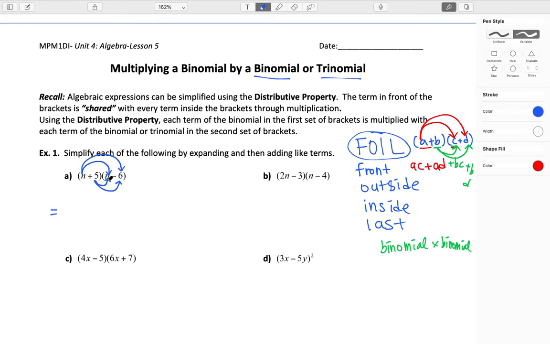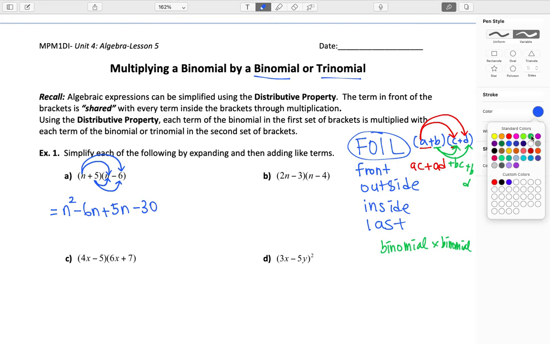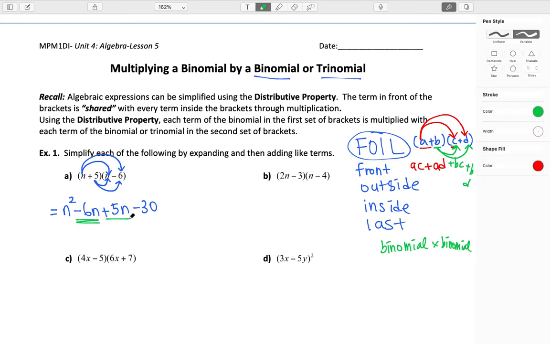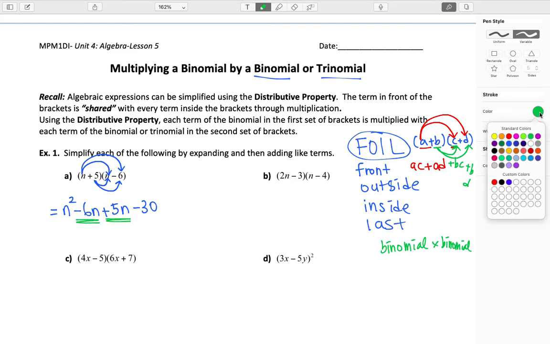So let's start. N times n is n squared. N times negative 6 is negative 6n. 5 times n is positive 5n. And 5 times negative 6 is negative 30. Just by looking at it, I do have like terms, negative 6n and positive 5n, but the rest of it is not a like term.